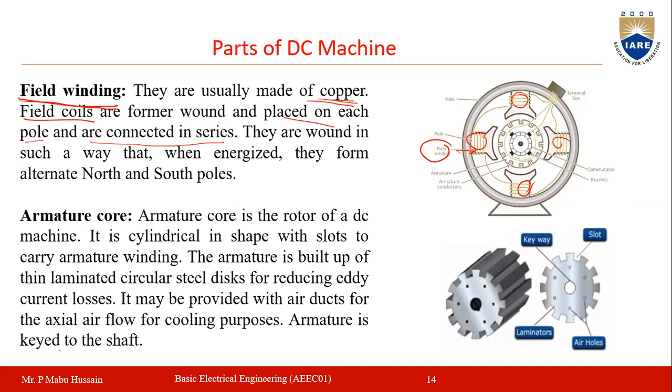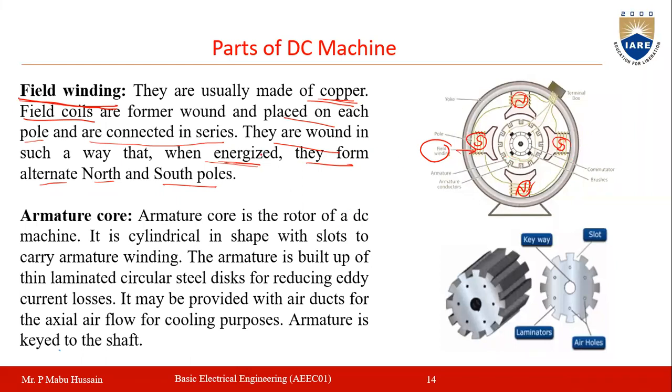They are wound in such a way that when energized, in the sense when you supply some electrical energy or voltage to this winding, they form alternate north and south poles. That means if this is a north pole, this will become the south pole, and this will become the north pole, and this will become the south pole, like that.